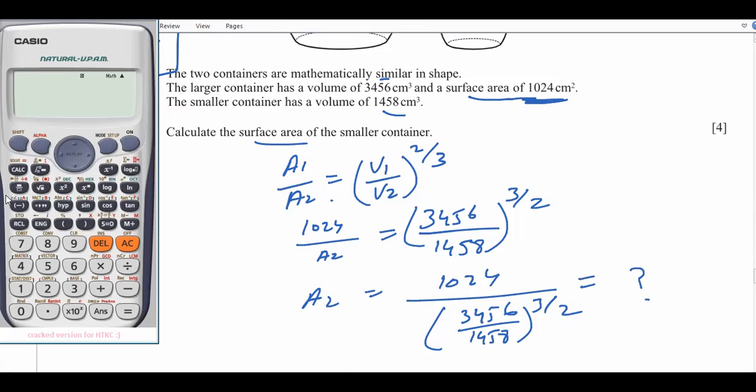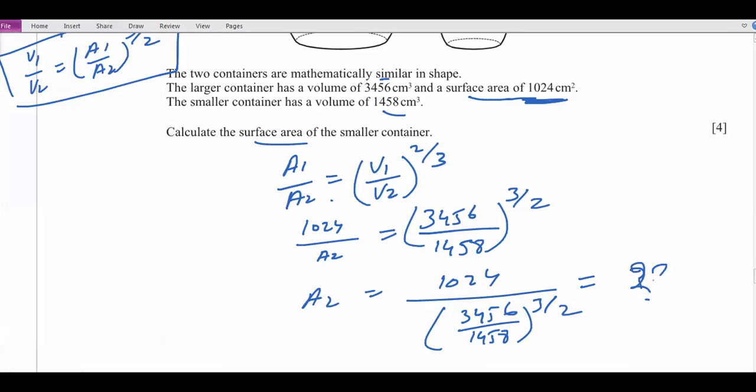In this way, first make the fraction, write 1024 over, then put the bracket, and then here 3456 over 1458, close the bracket, and then make this power. Power is also a fraction, 3 over 2. So the result is 280.59. If you round to 3 significant figures, it will become 281 centimeter squared, almost.